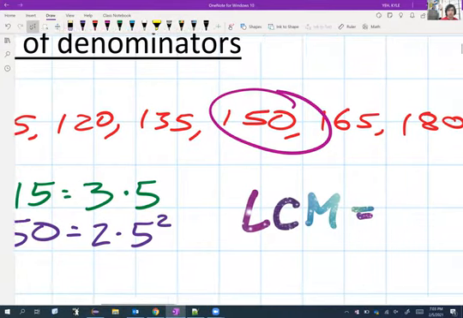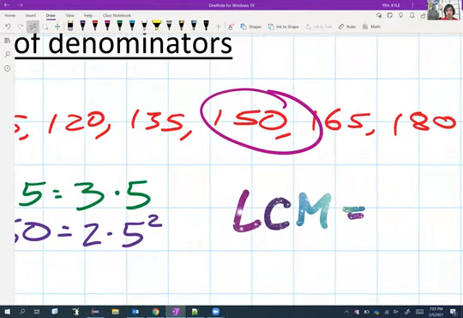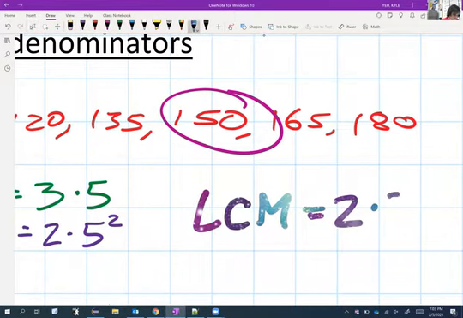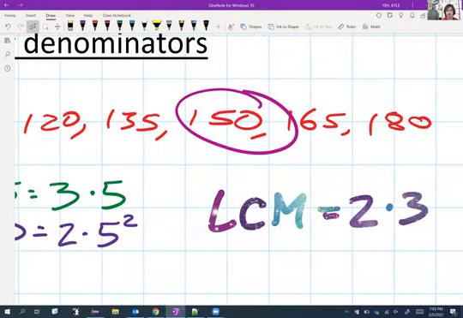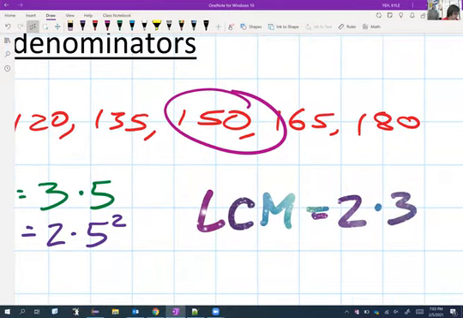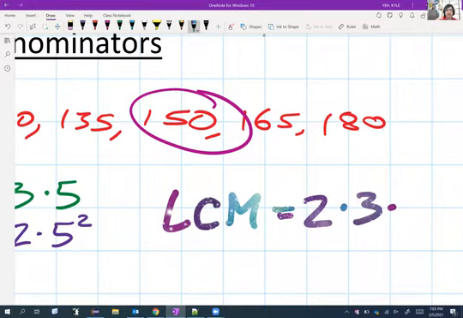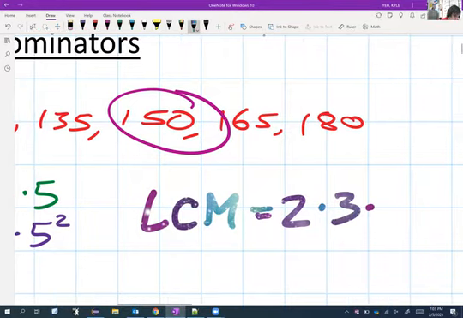I see a 2. There's a 2 in purple, there's no 2 in green, so 2 to the first, because that's all I see. Times 3 to the first, I just see a 3. Times, and if you look, we've got a 5 on top and a 5 squared on bottom. What is the biggest power? Times 5 squared.